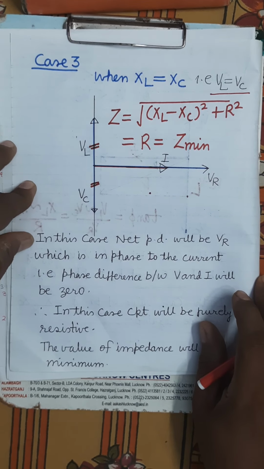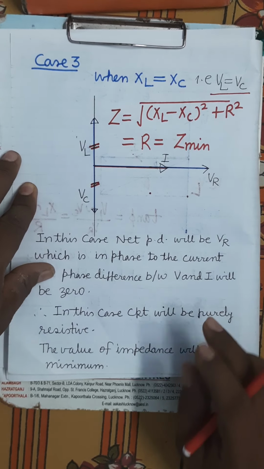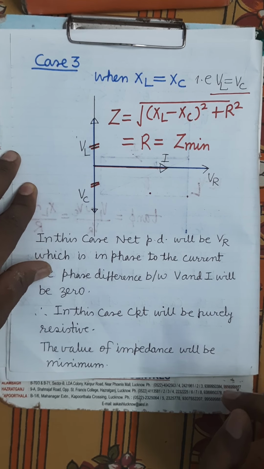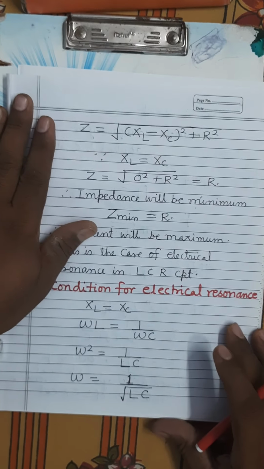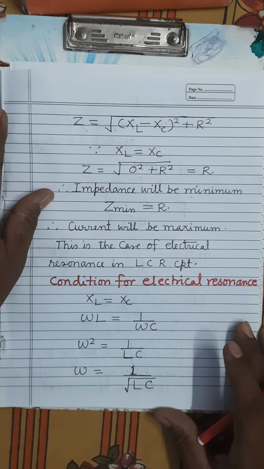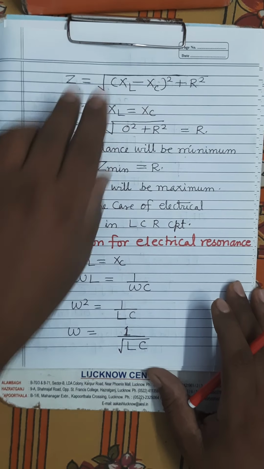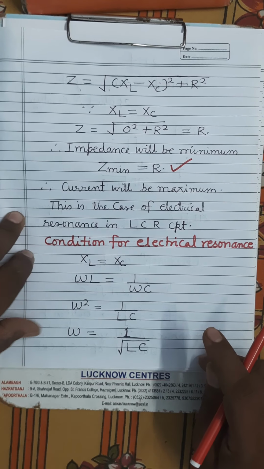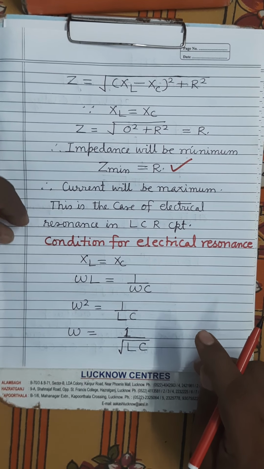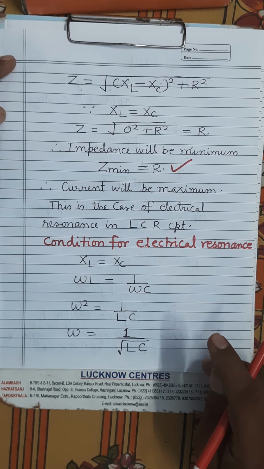So all the 3 cases I have discussed: when XL is greater than XC, when XL is smaller than XC, and when XL is equal to XC. Now see one more thing. This is when impedance will become minimum. When impedance is minimum, you will find that the current will become maximum.